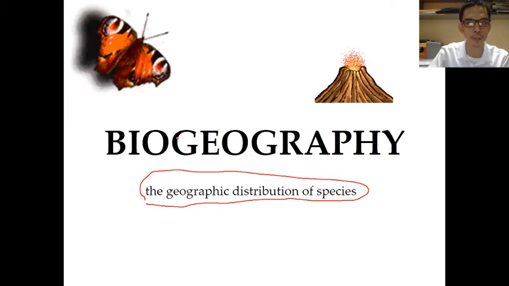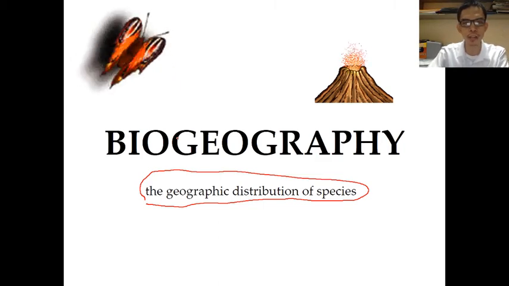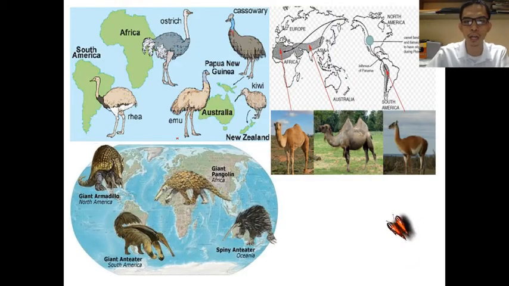Let's take a look at some examples of animals that are evidence for evolution in biogeography. There is a rhea. These are flightless birds, technically, scattered around every continent. Every continent has its own flightless bird.